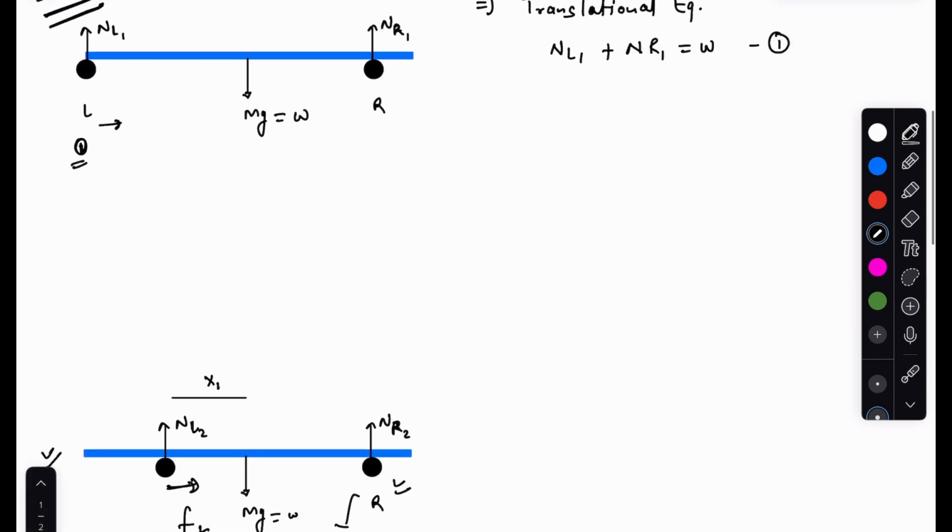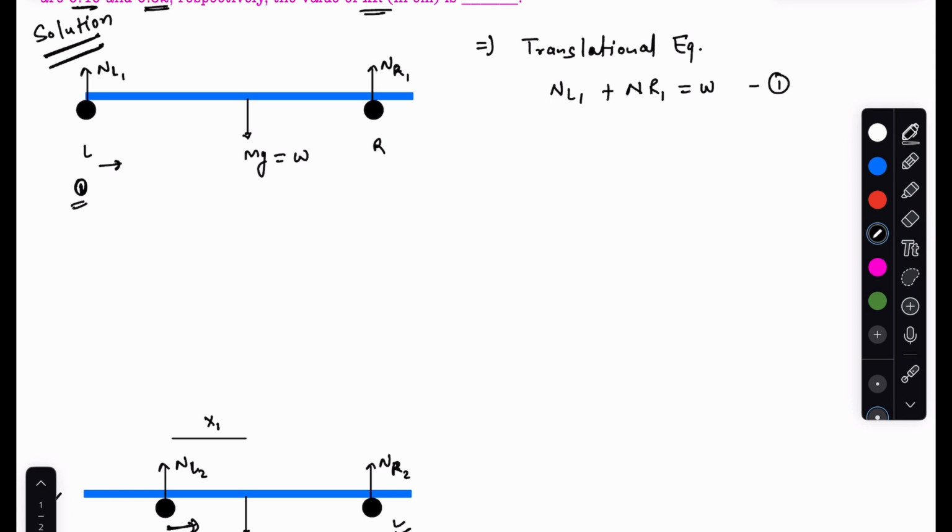Fine. And now comes the rotational equilibrium. See, the problem is these two forces are acting at different distances, and this rod, or this scale, is also in rotational equilibrium.